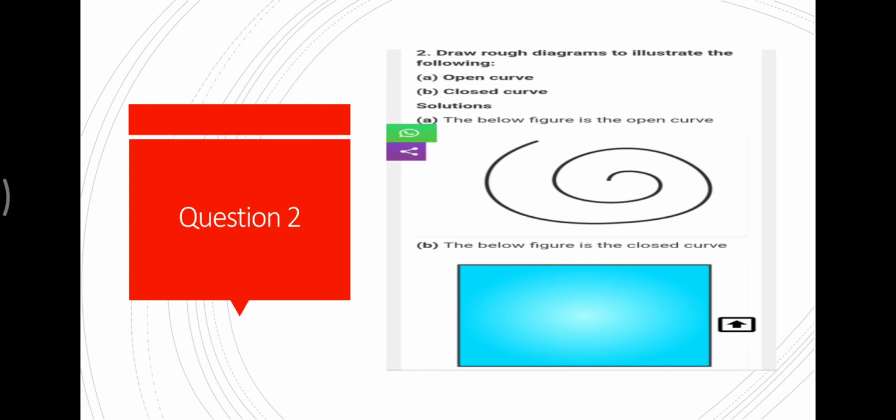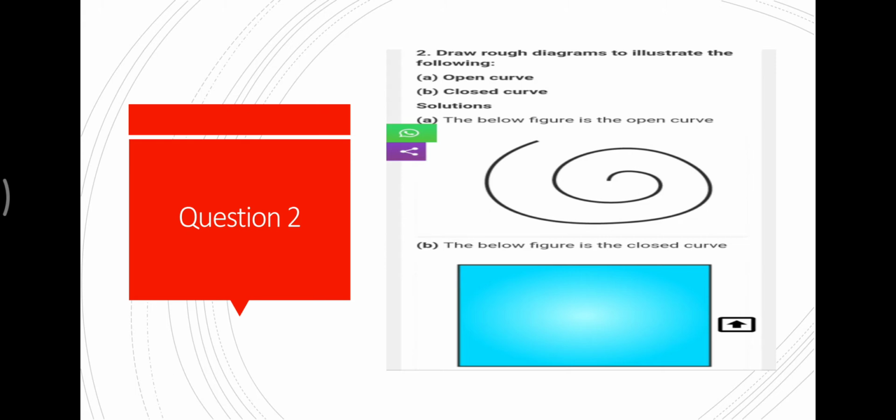Now question number 2. Draw a rough diagram to illustrate the following: open curve and closed curve. These diagrams I have drawn only to tell you; you can draw any of your own diagrams. First, it is an open curve. You can draw any figure as you want, but it should be open.